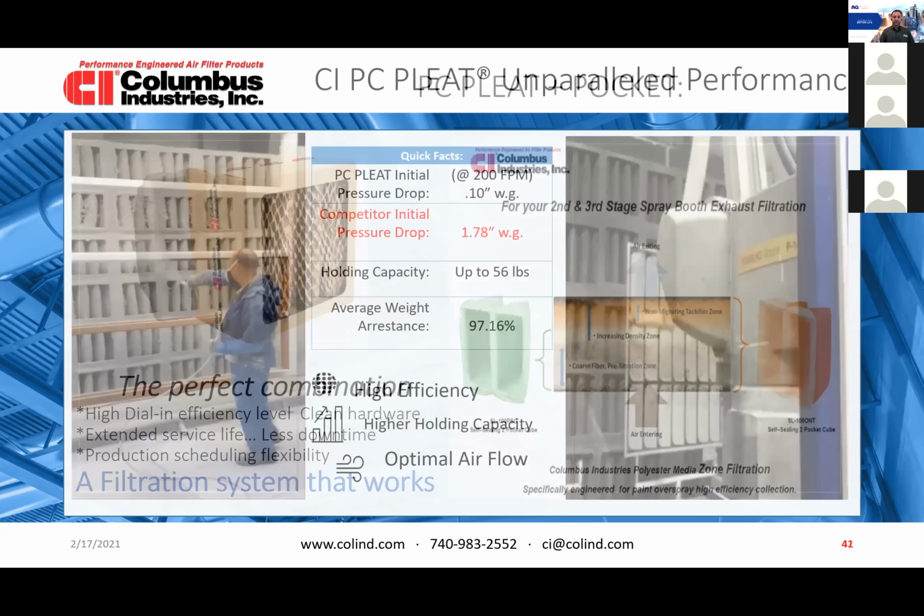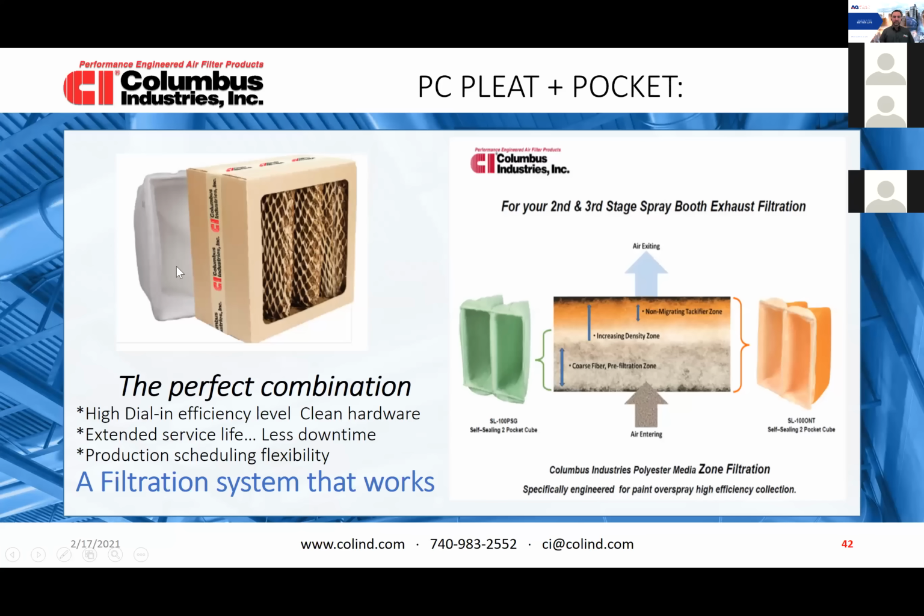Okay. A combination of the PC pleat and a pocket behind has also served as a very, very good solution for us because, as you know, we make polyesters that are designed for paint. We don't use pockets that are made for dust and just put them behind a filter, or rolls that are made for dust.